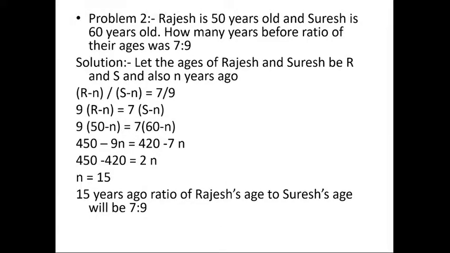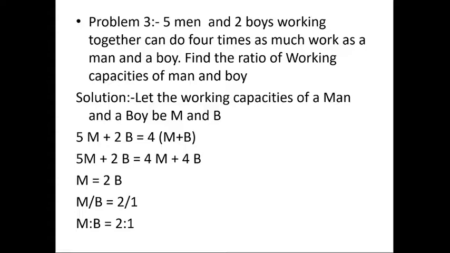Let's see the next example. Again, it is on work and time. 5 men and 2 boys working together can do 4 times as much work as a man and a boy. Find the ratio of working capacities of man and boy.